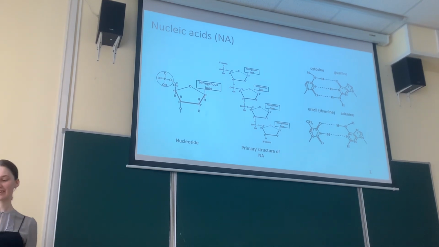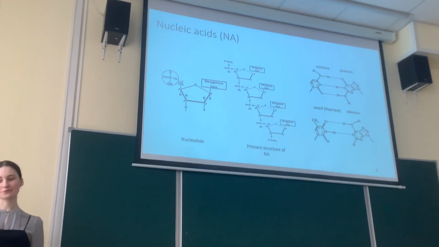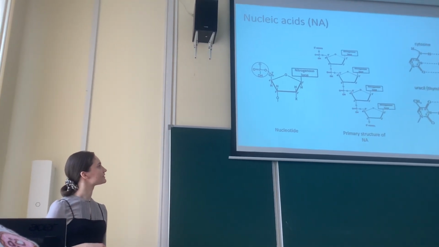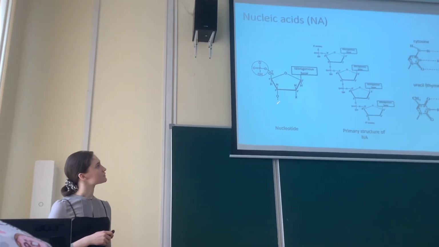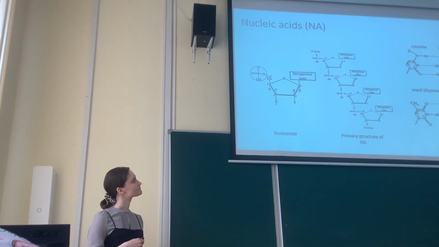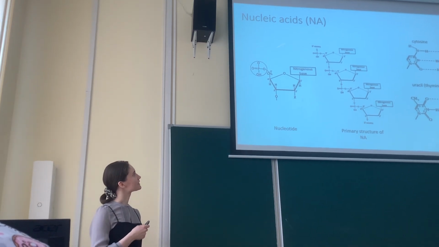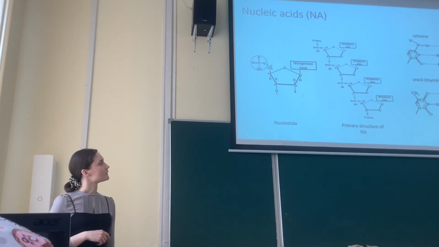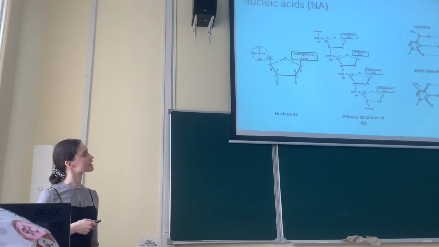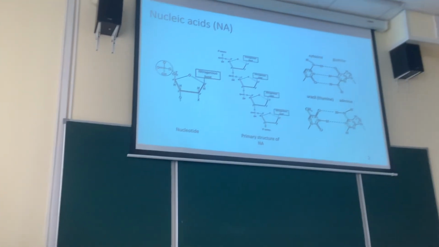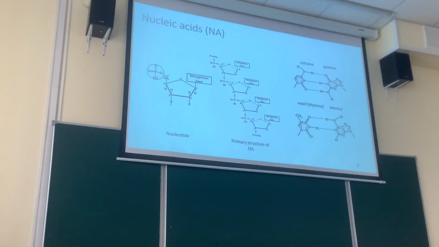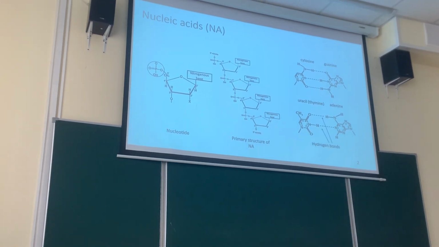Nucleic acids are natural polymers that consist of nucleotides, each of which consists of ribose, or deoxyribose in case of DNA, a nuclear base, and a phosphate moiety. You can see the primary structure of nucleic acids on the slide, and nucleotides interact with each other by phosphodiester bonds.